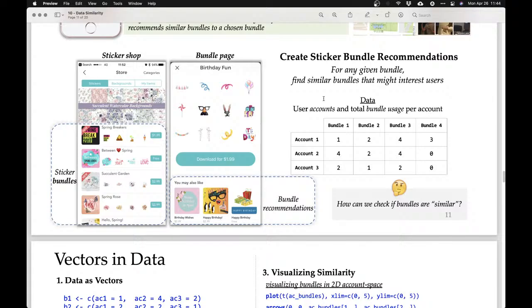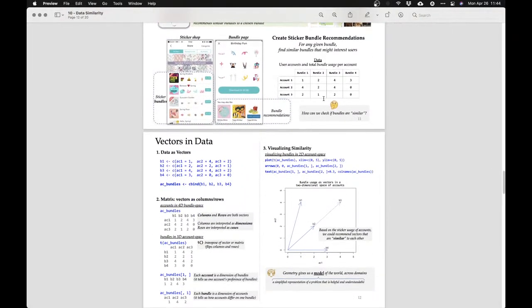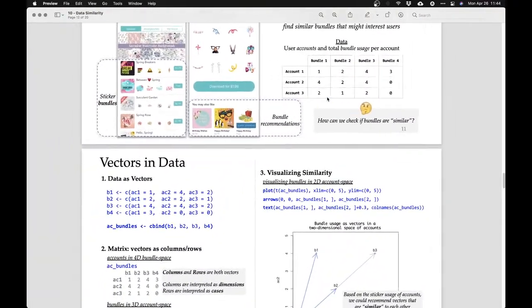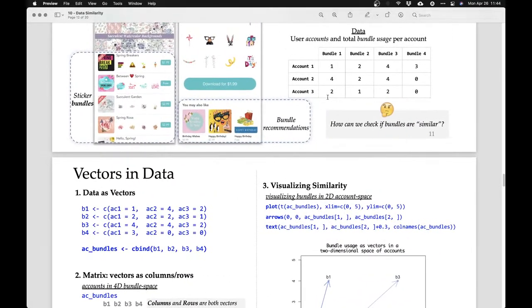But overall, I do hope you get a sense now that data analysis is not just a pure statistical thing. We can think of it as a geometric thing as well. Geometry is this beautiful thing that we can use to describe the physical world, but we can apply the same tools to describe any other kind of world, including a four-dimensional bundled space.